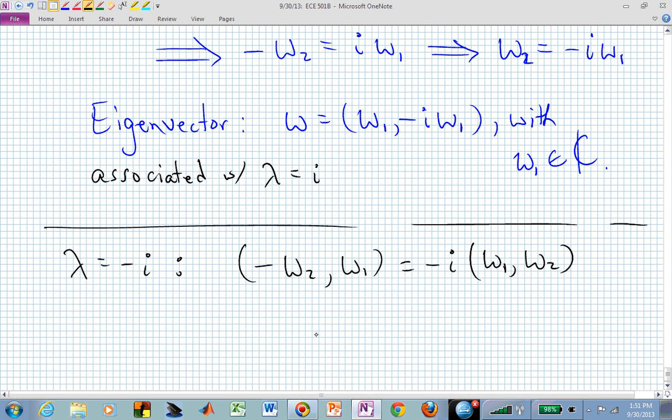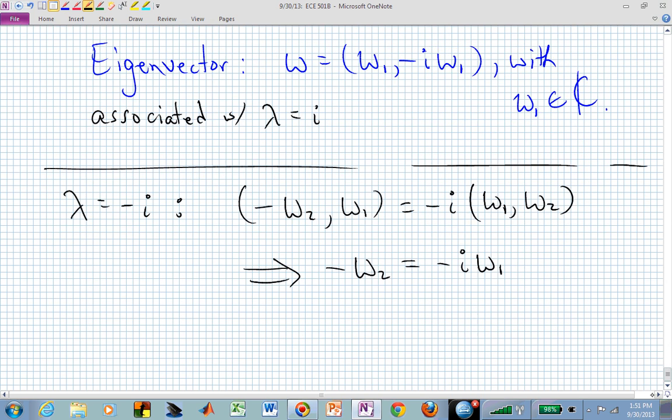Or we can now see that, looking at the first coordinate, minus W2 is equal to minus i W1. If we multiply both sides by -1, then we see that W2 is now just i omega 1.